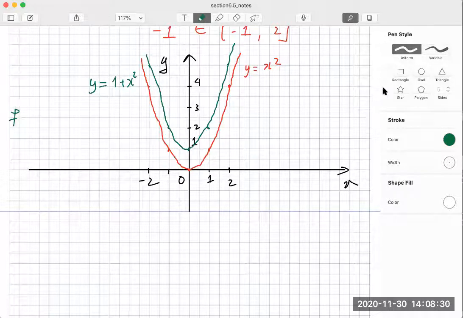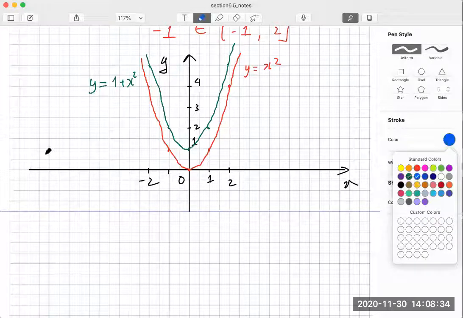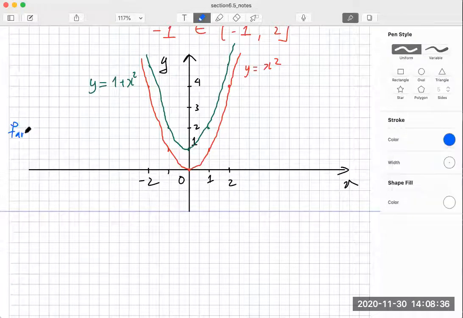And the average value is 2, right? Which is this line.